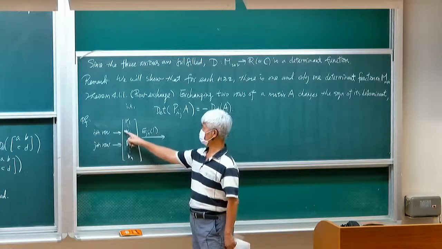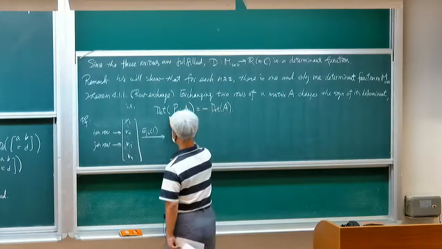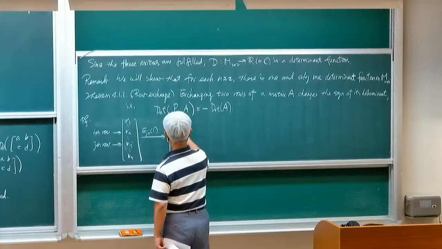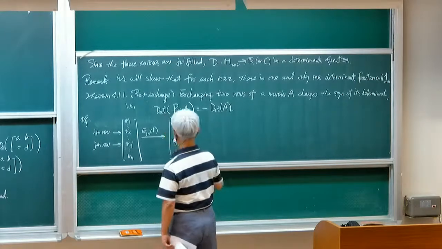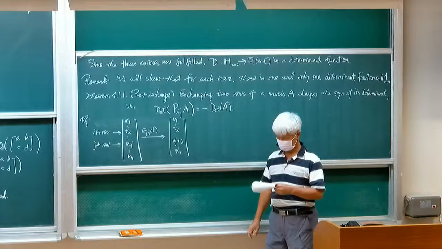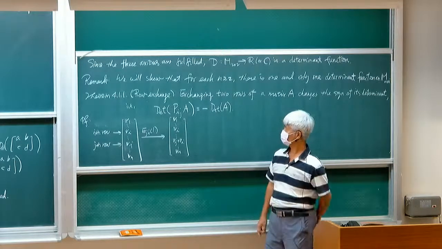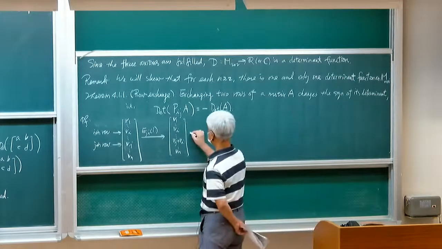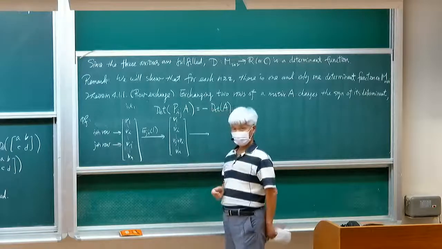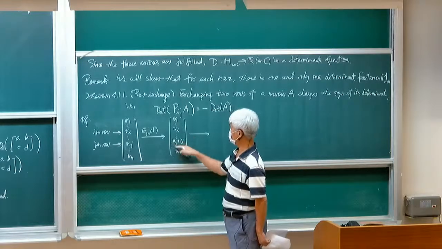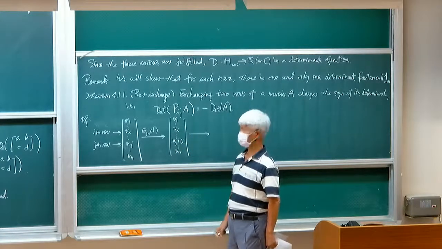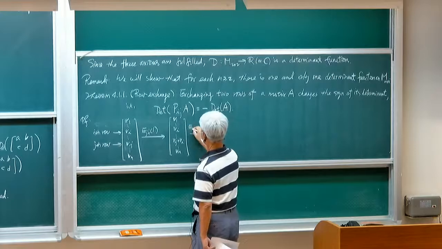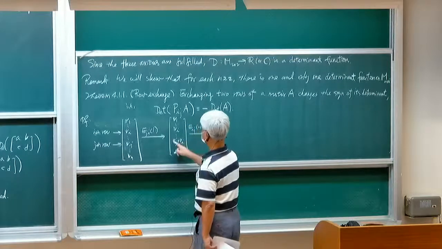We just add the i-th row to the j-th row, so that the j-th row becomes this one. And then we add a multiple, minus 1, of the j-th row to the i-th row.